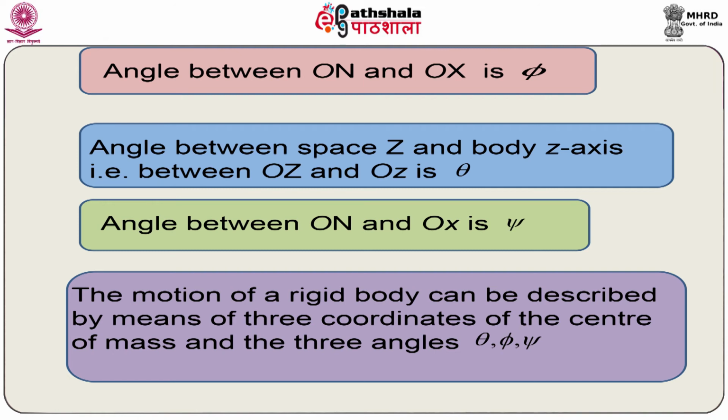The angle between capital ON and capital OX is phi. The angle between space capital Z and body small z axis, that is between capital OZ and small oz, is theta, and the angle between capital ON and small ox is psi.